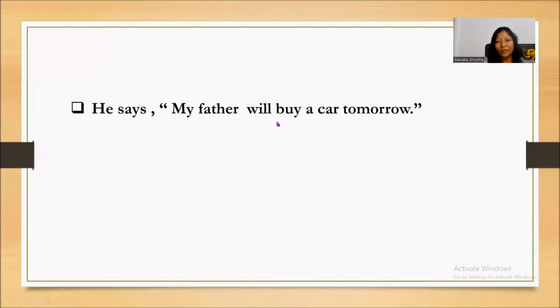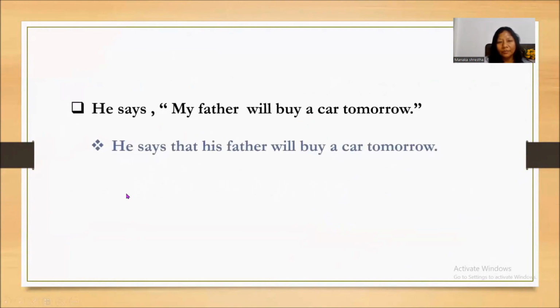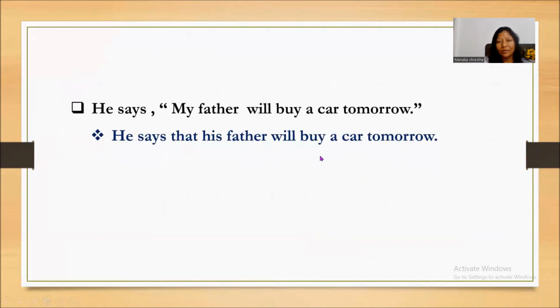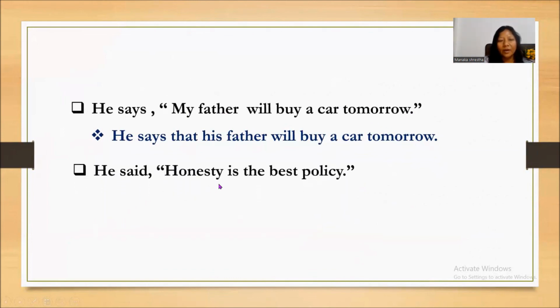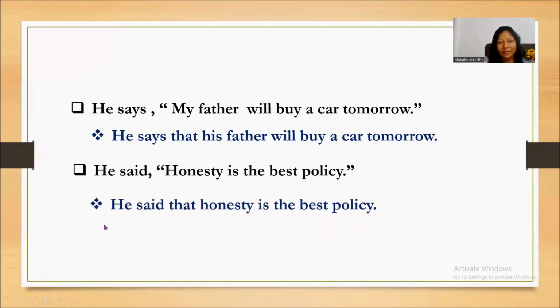He says, "My father will buy a car tomorrow." He says that his father will buy a car tomorrow. Here, present tense, so we don't change the tense and the adverb. He said, "Honesty is the best policy." What can be the reported speech? Yes, he said that honesty is the best policy, no change.